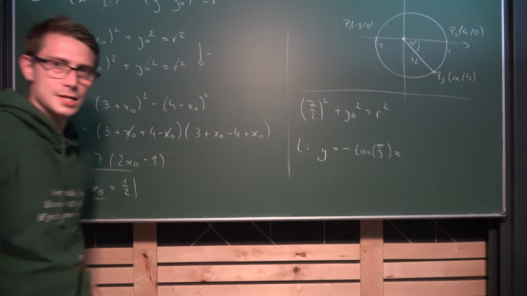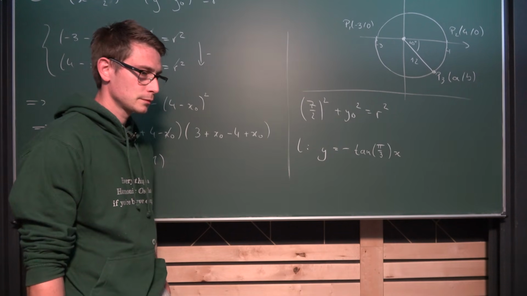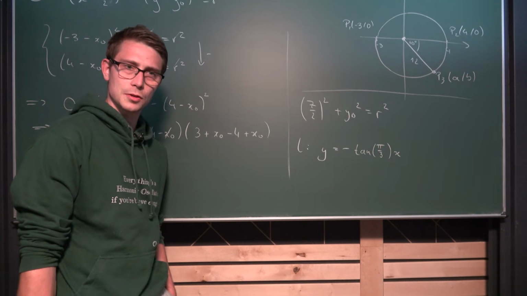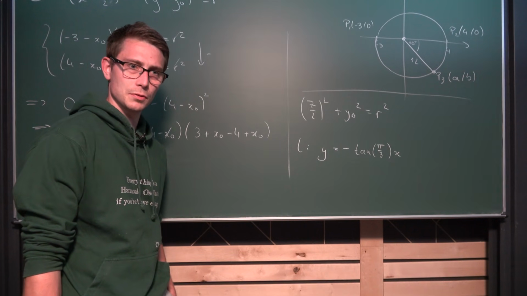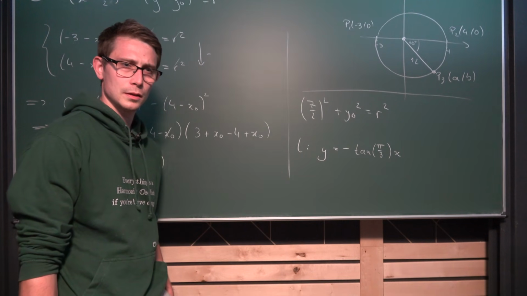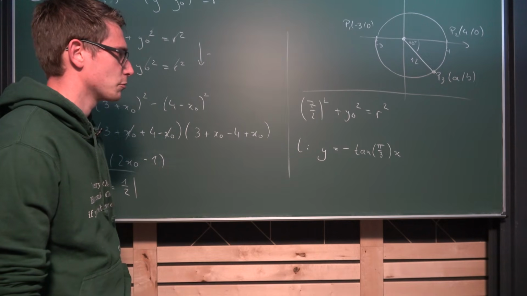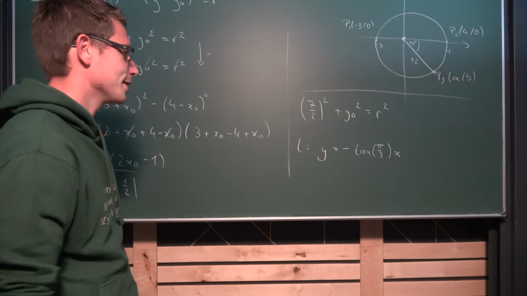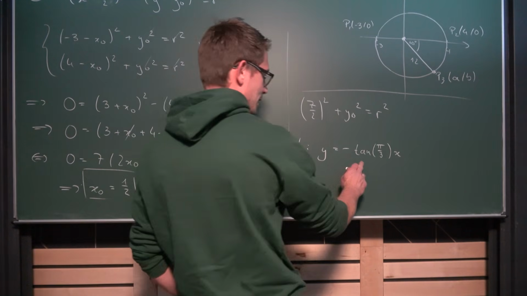Okay, tangent of pi over 3. Is it square root of 3, or is it 1 over square root of 3? I think it's square root of 3. If I mess it up, then it is what it is, I suppose.